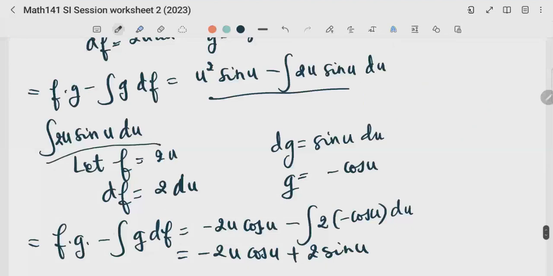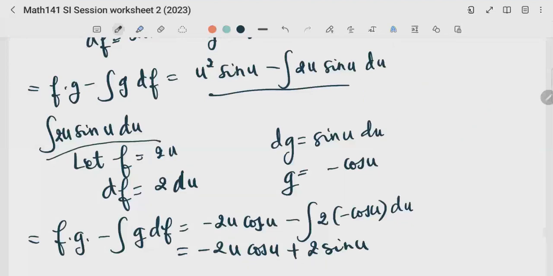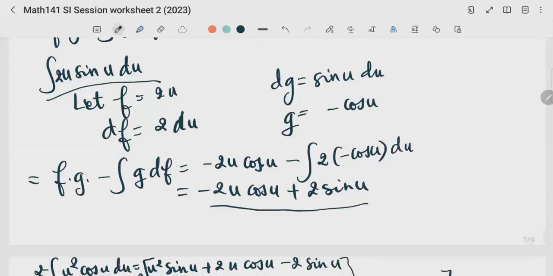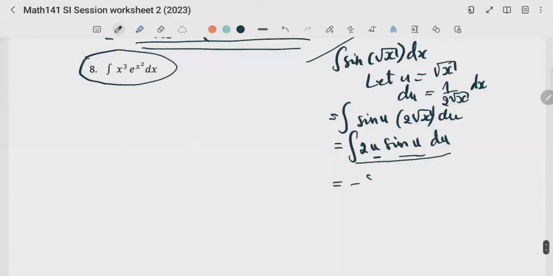So using integration by parts at that stage, you would get this final answer already there, right? So you would have already negative 2u cos u plus 2 sine u, if I'm not mistaken, right?